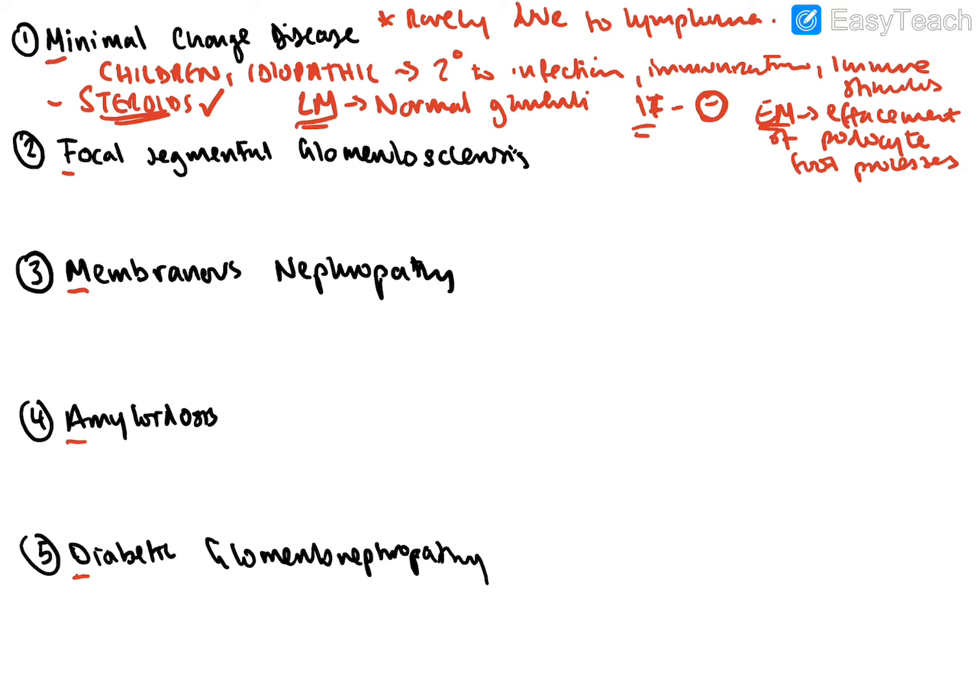So that is minimal change disease. Now, focal segmental glomerulosclerosis. This is most common in the African American population and the Hispanic population.